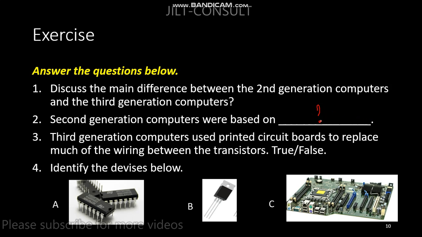What is here? Third generation computers use printed circuit boards to replace much of the wiring between the transistors. True or false? Identify the devices below. What is this? What is this? And what is this? I'm sure you can do this.